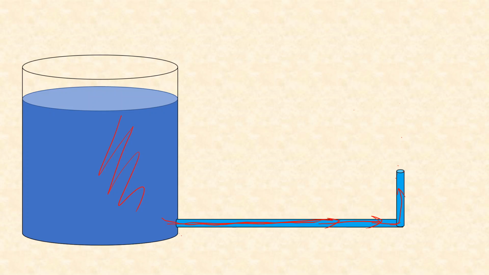Therefore, once you release it through a very small opening, then that entire pressure head will be converted to velocity head and it will flow very high up to theoretically this level, but some friction will always be there. Therefore, it will not exactly reach here. Some height will be left.